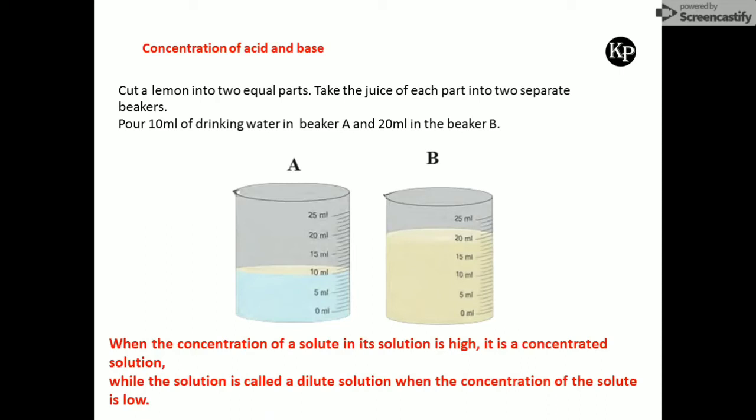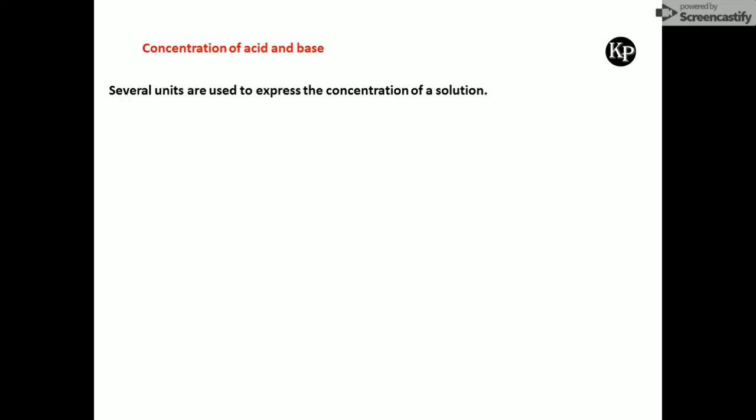So A is a concentrated solution because the solute is high in that solution, while the solution is called a dilute solution when the concentration of solute is low. In beaker A, the solvent is only 10 ml, but in beaker B, the solvent is 20 ml. So the solute quantity is more in 10 ml, while in 20 ml it is less. That's why A is a concentrated and B is a dilute solution.